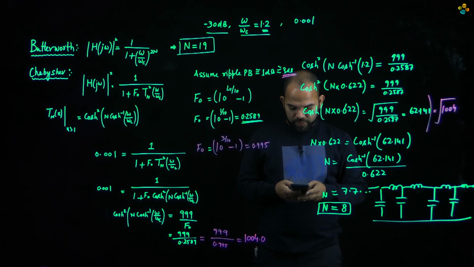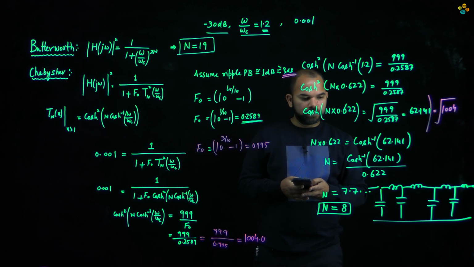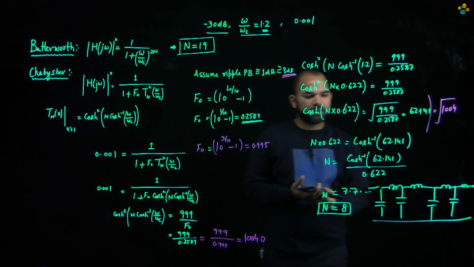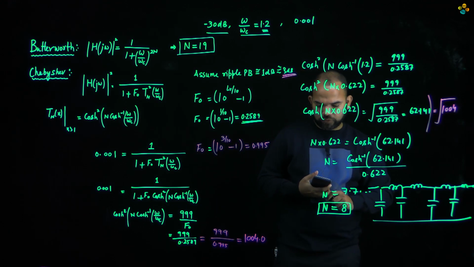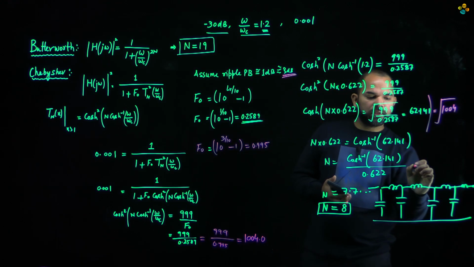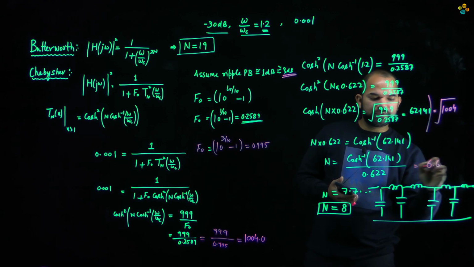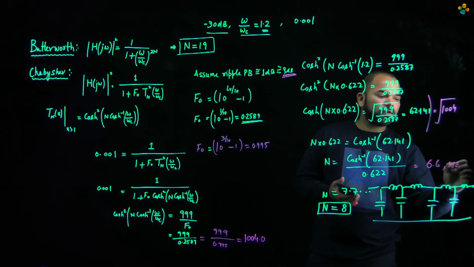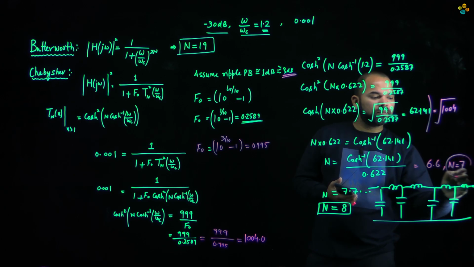So divided by 0.622. So this comes out to be 6.6. So we have further reduced the filter to n equals 7.